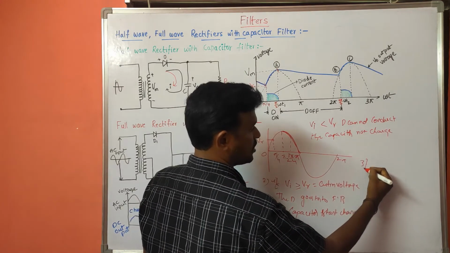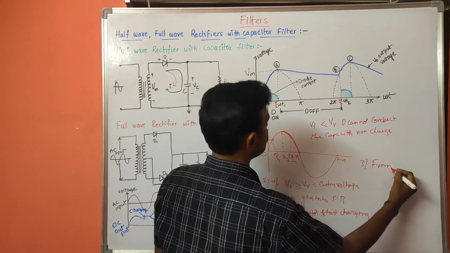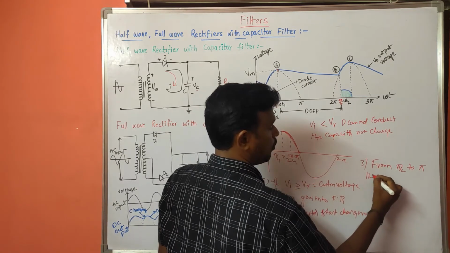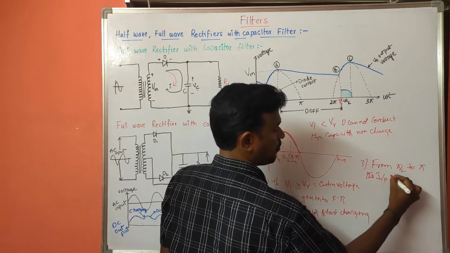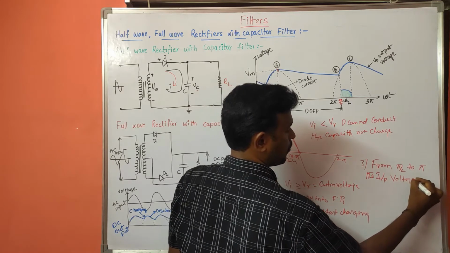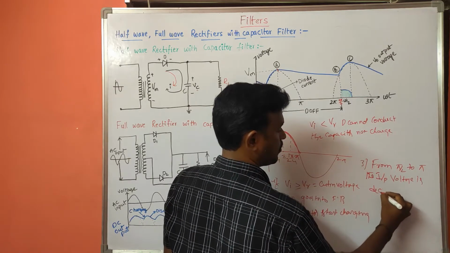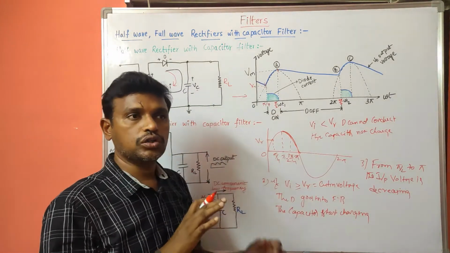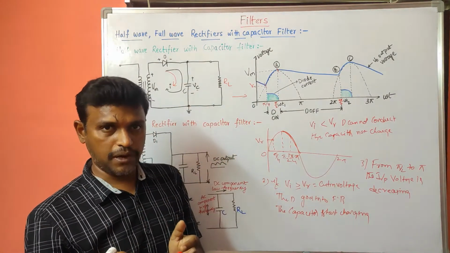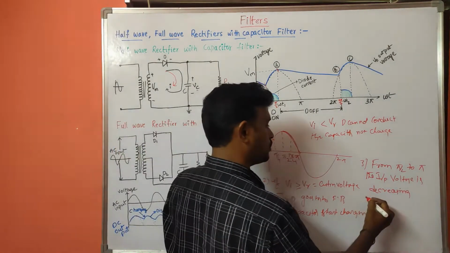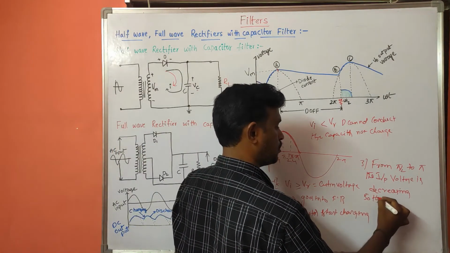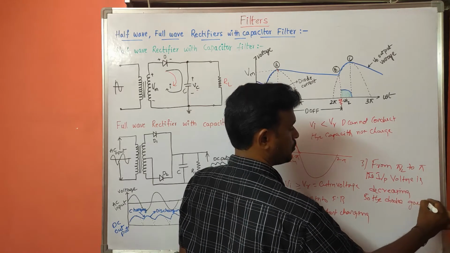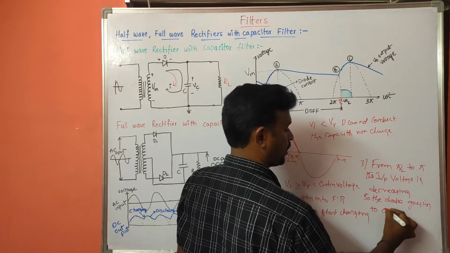The third case is from pi by 2 to pi, where the input voltage is decreasing, and the diode gradually goes into the reverse bias condition. So the diode goes into off condition.